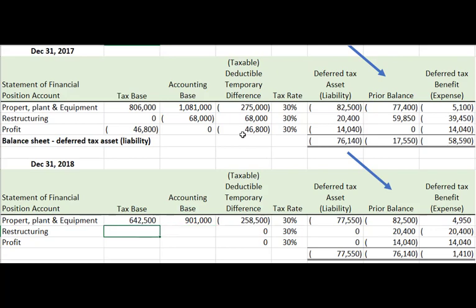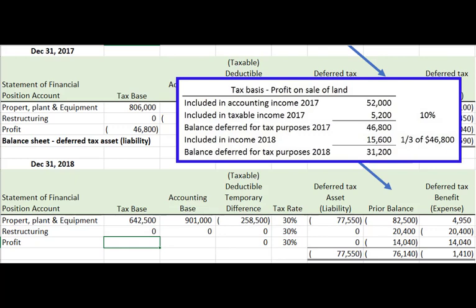The restructuring, still zero for the tax base, but for the accounting, we look at Part 3, it says that it was zero at the end of 2018, so we can simply put zero in there. For the profit, we're going to look again and see what the balance for the tax purposes, how much have we not yet brought into taxable income?